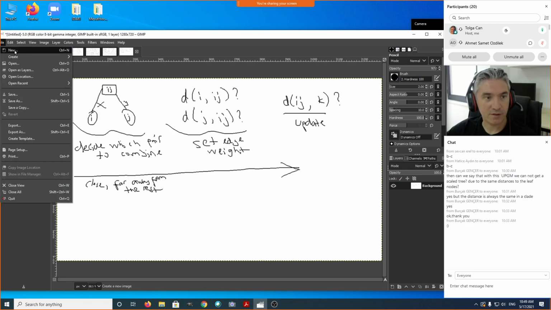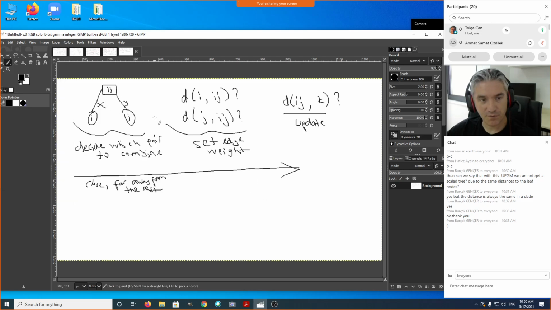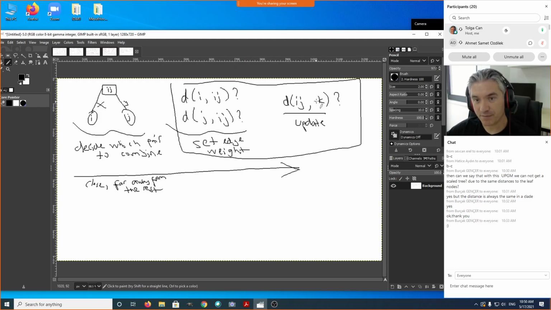Before we decide which pair to choose to combine, I will derive the formulas for these three equations: the distance of i to ij, the distance of j to ij, and the distance of the combined ij to the remaining nodes.